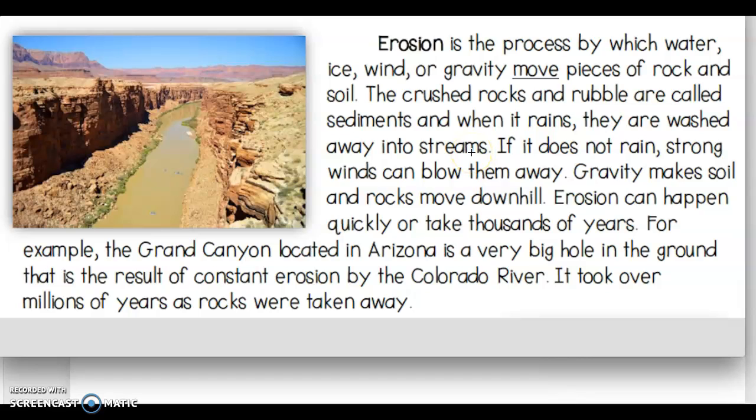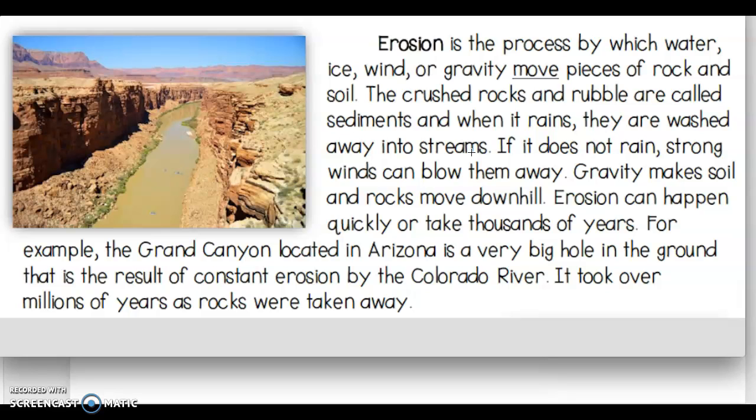So let's pause for a second and talk about this. We talked about weathering yesterday and how that was the breakdown of the rocks, how the rocks actually break. Now, erosion is the pieces of rock moving. Step one was the rock broke from weathering.